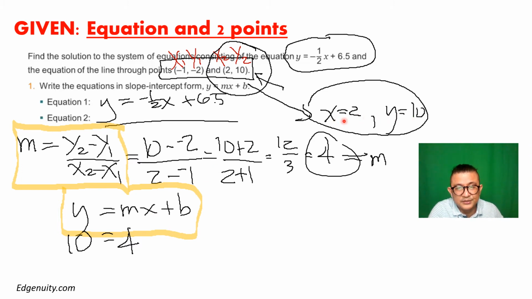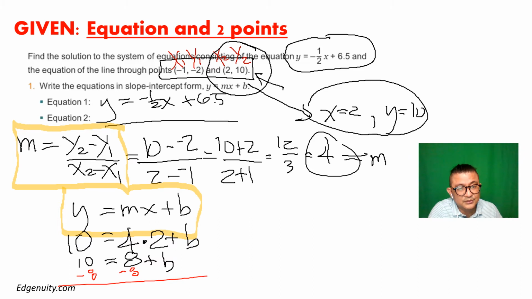From that point, from the 2. So what do I write? I write 2 times 2. And what's missing now? The plus b. That's the missing one. So 10 is equal to 2 times 4, which is 8, plus b. Solve for b. Minus 8 for you, minus 8 for you. That cancels out. Therefore, b is equal to 10 minus 8, which is 2.